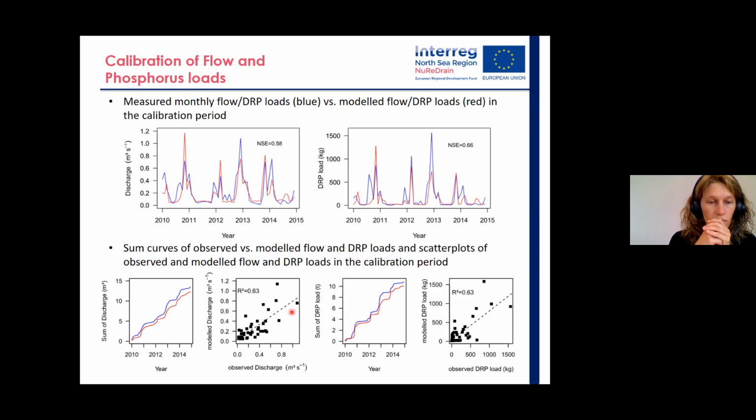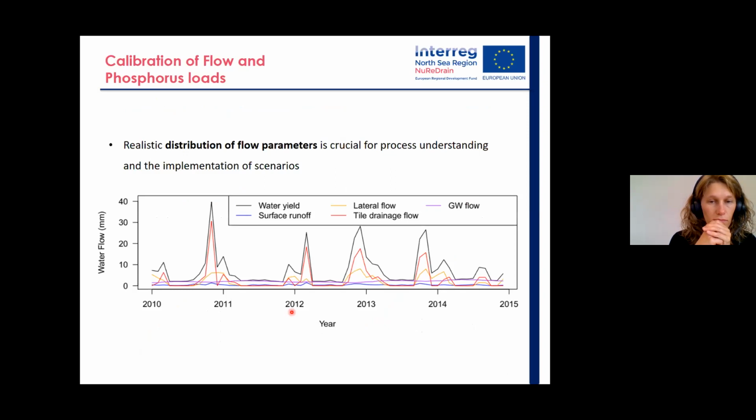As I said in the beginning, the Camelbak Watershed is heavily tile drained, and that's why we wanted to achieve high amounts of tile drainage flow in the model output. As you can see here, during peak flow events, we got really high amounts of tile drainage flow, which is shown here as red lines.